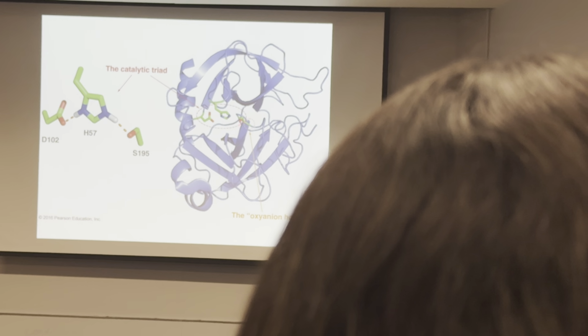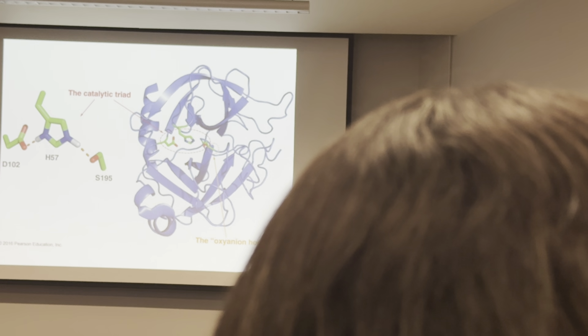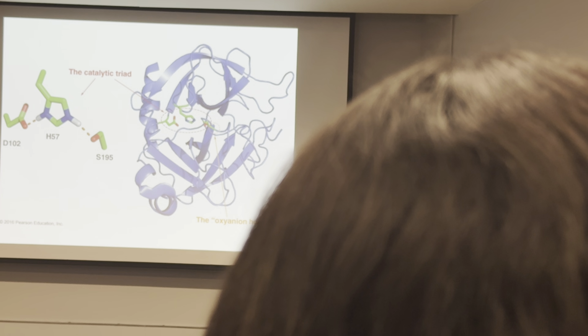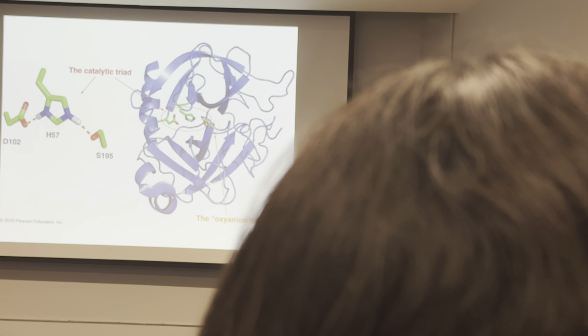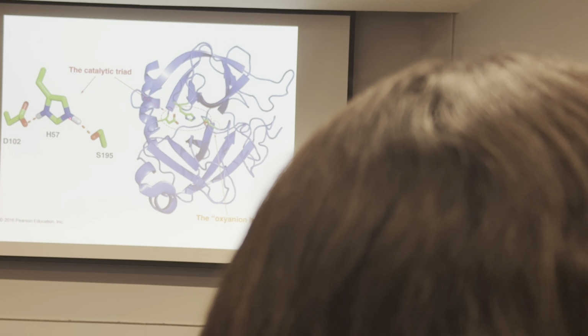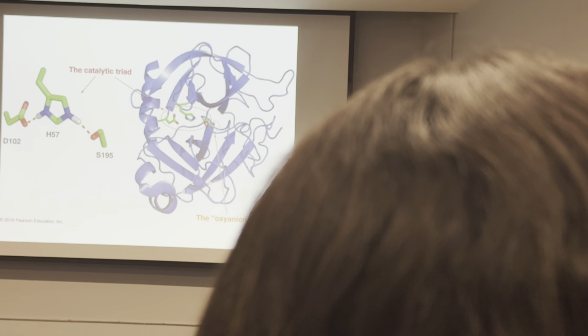So, here is the triad, and here, not where the triad is, but a little bit on your right, there is this oxyanion hole, where the transition state will end up making even better interactions with the enzyme. And you see, these are the catalytic triad, and again, they make some non-covalent contact. That is a key factor in starting the process.